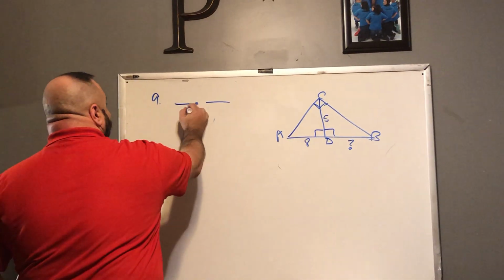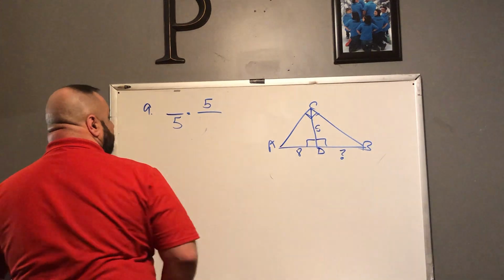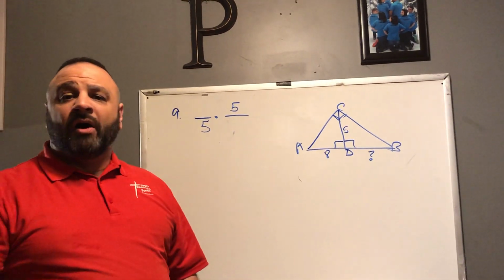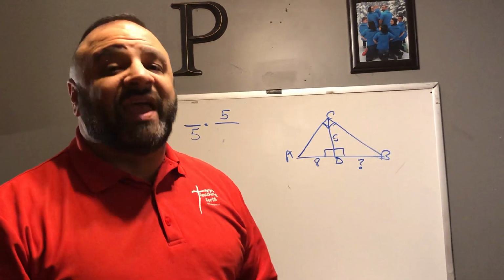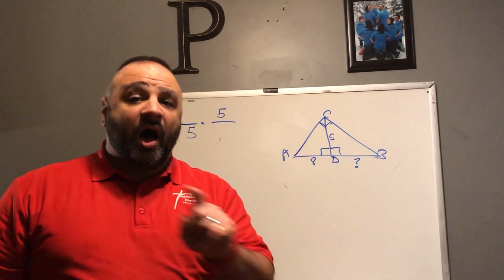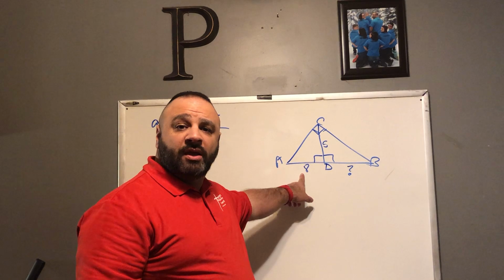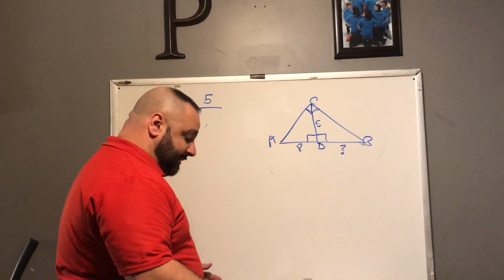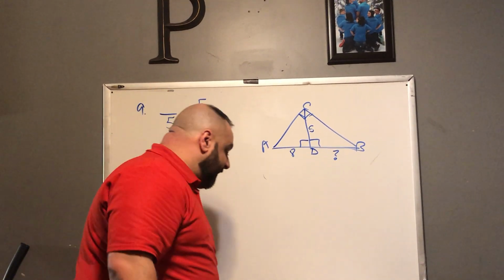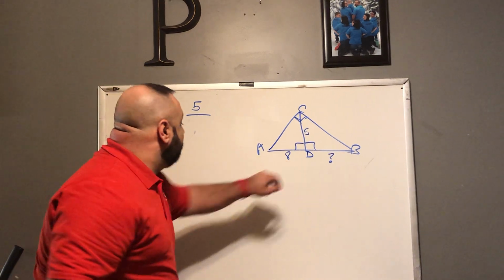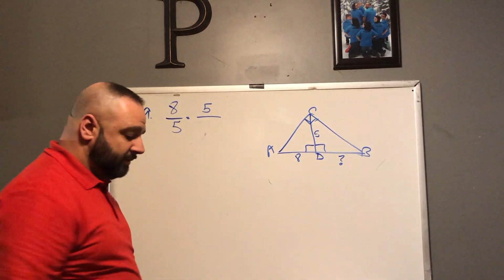So 5 is our geometric mean. The first and fourth terms are the segments of the hypotenuse. On the left side we have segment AD, which is 8.